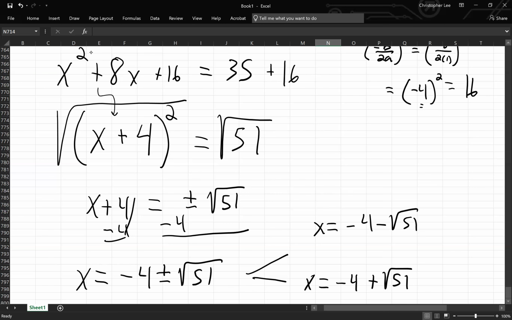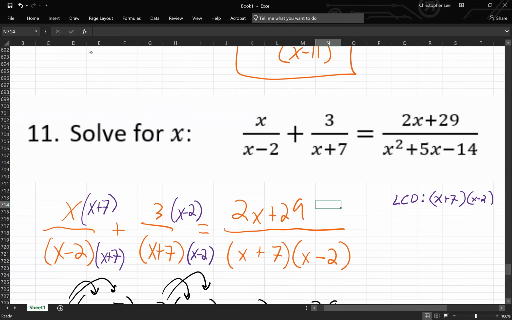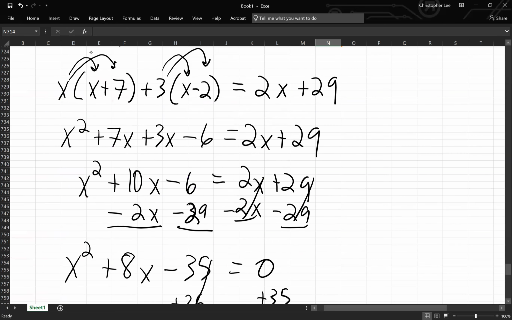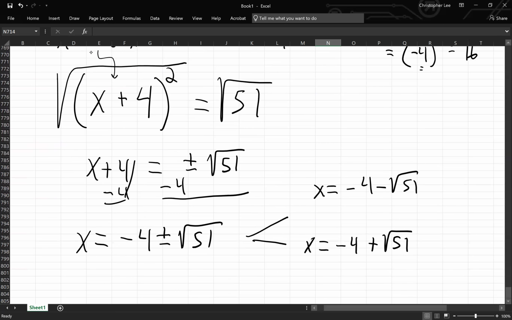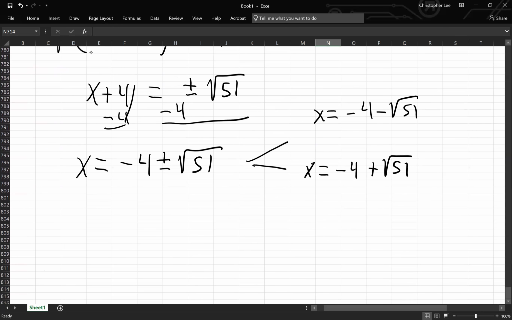Whenever I'm doing rational equations, fractions with an equal sign, you have to verify that the answers that you found will not make the denominator 0. You have to verify that, right? So that means I found two answers here, and I need to make sure that they're not going to make the LCD 0.